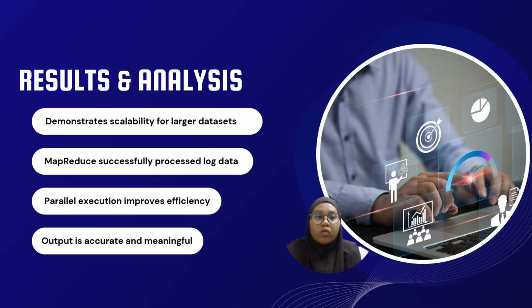This means most requests were successful while some were redirected or missing. The result confirms that the mapper extracts the status code correctly and the reducer sums them accurately. Running the job multiple times gives a consistent result, proving the customized Hadoop implementation is stable.